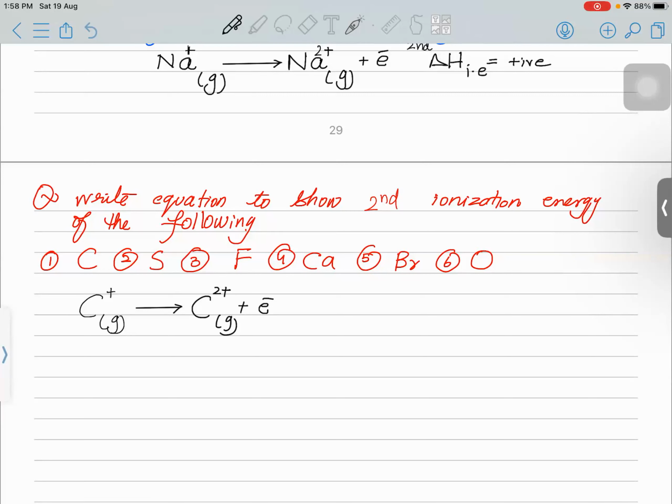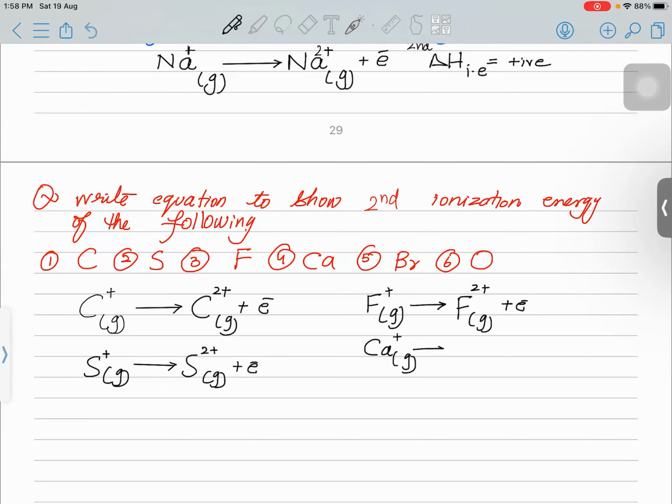Yes, sir, I am. Okay. Now second is sulfur. Sulfur plus gaseous converts into sulfur 2 plus gaseous plus electron. Now fluorine positive gaseous converts into fluorine 2 plus gaseous plus electron. Same for calcium plus 1 gaseous, which converts into calcium plus 2 gaseous.